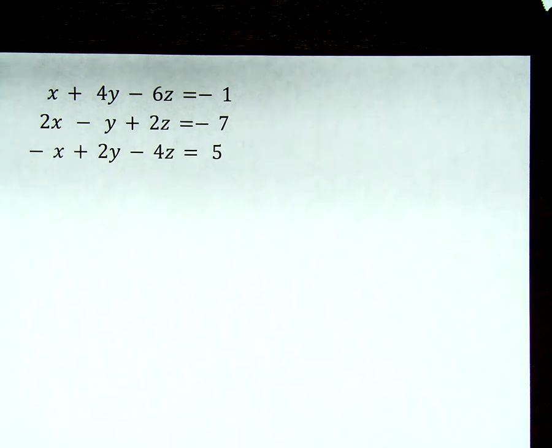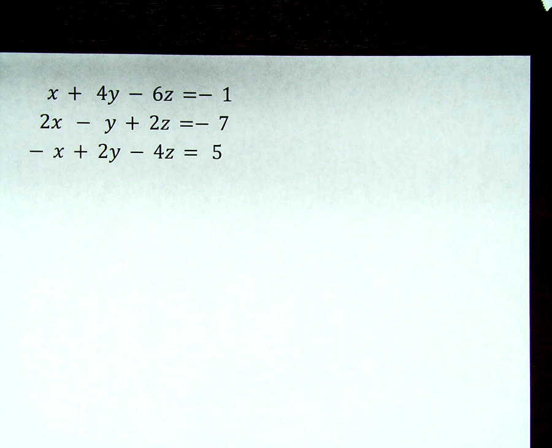Okay, so write this problem down, and then we will discuss it. It's a new one. x plus 4y minus 6z equals negative 1. 2x minus y plus 2z equals negative 7.